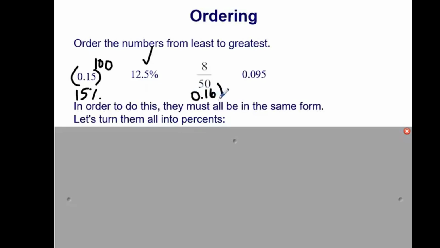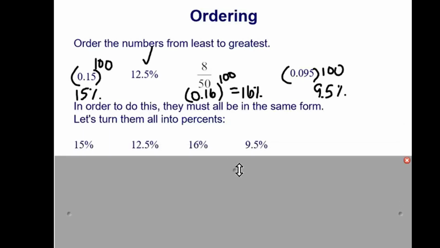Let's move over to where we have a decimal. Again, like the first example, we'll multiply by 100: 0.095 times 100 gives us 9.5%.